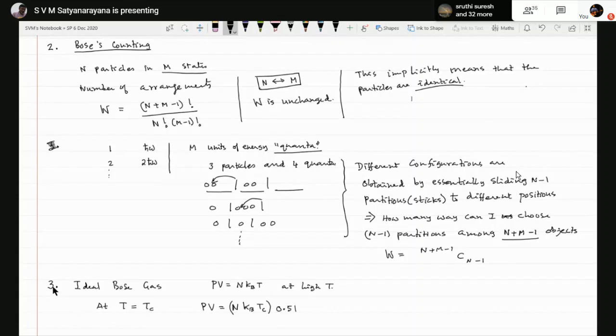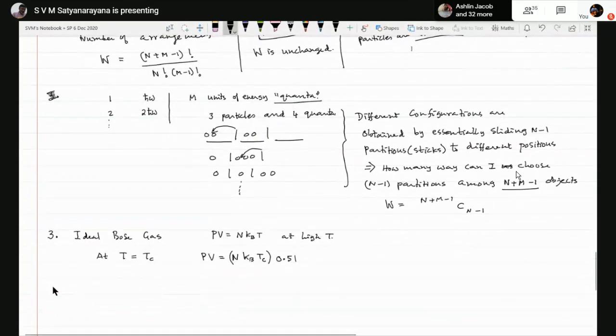So it is roughly half of the value of the ideal gas. The equation of state, PV at T equal to Tc, is half of what it would have been if it were an ideal gas. Okay, so this is one aspect.